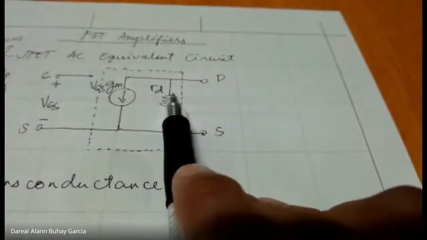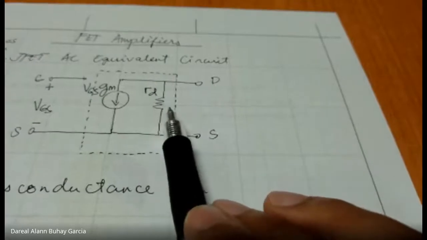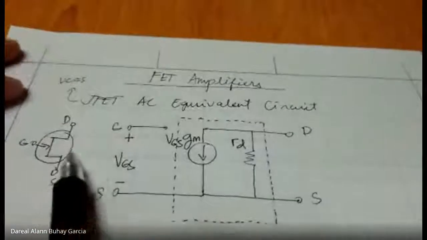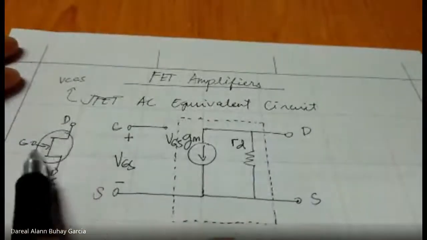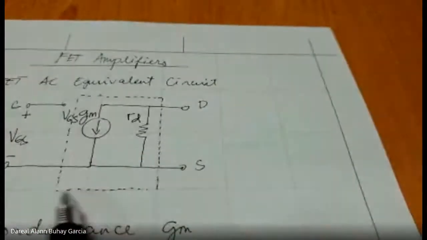So the resistance rd, we can call it the output impedance of our device. This is different from the output impedance of our amplifier or circuit, which would be Zo. This circular figure that defines the boundaries of our device, this is the boundary. So yes, rd is the output impedance of our device. Okay? Output impedance of the device, rd.